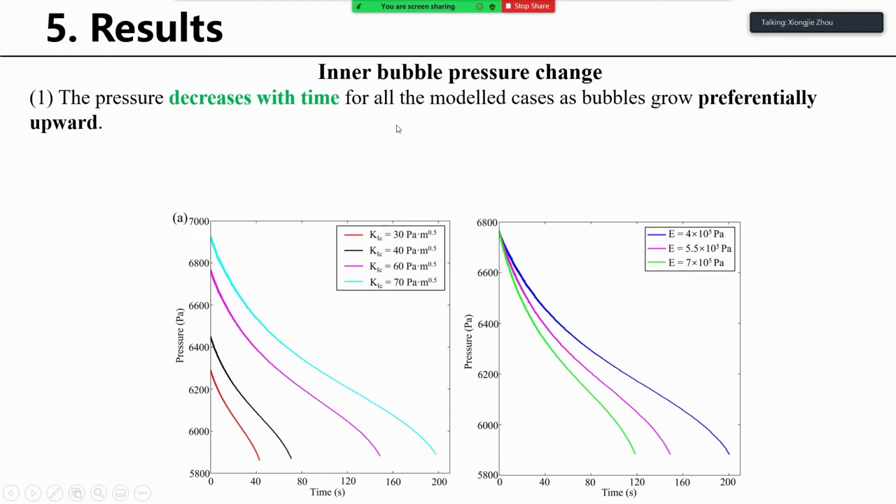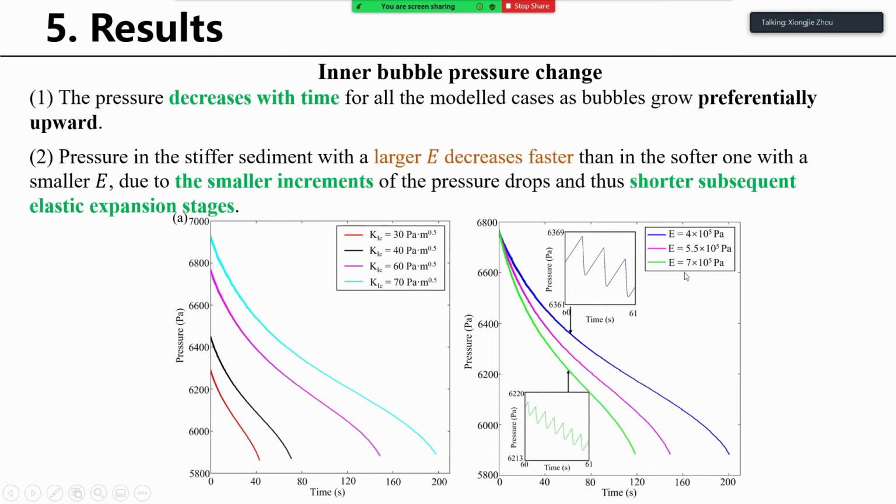In all cases, the pressure decreases faster here and here, in the sediments with smaller K1C and with larger E. Pressure in stiffer sediment with a larger E decreases faster here than in the soft one here.